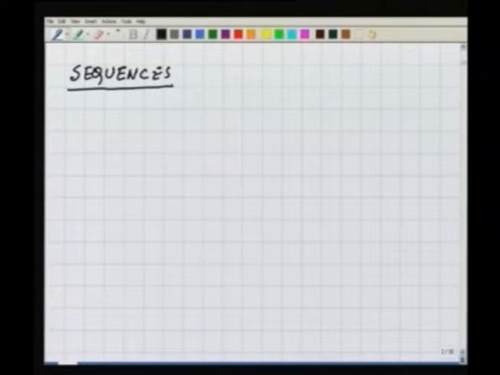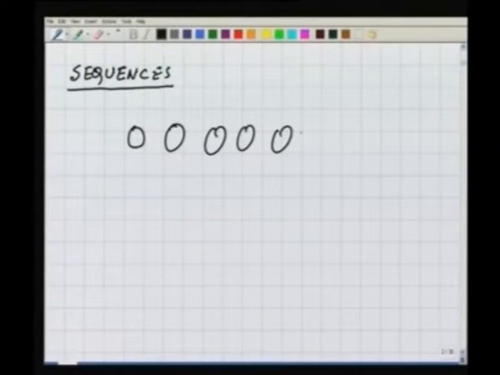Well, what is a sequence? Just imagine that suppose there is a class in which there are 10 students, and the teacher says the students should stand in a sequence. What does that really mean?